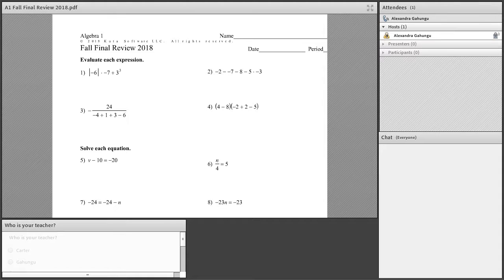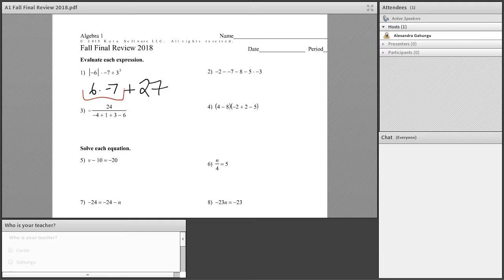So we want to watch out for our order of operations rules. So for number 1, we want to find the absolute value, so it'll be 6. Then we're still multiplying by -7, and then plus 3 cubed, which we know is 27. So then we have to do the multiplying before we're going to add 27.